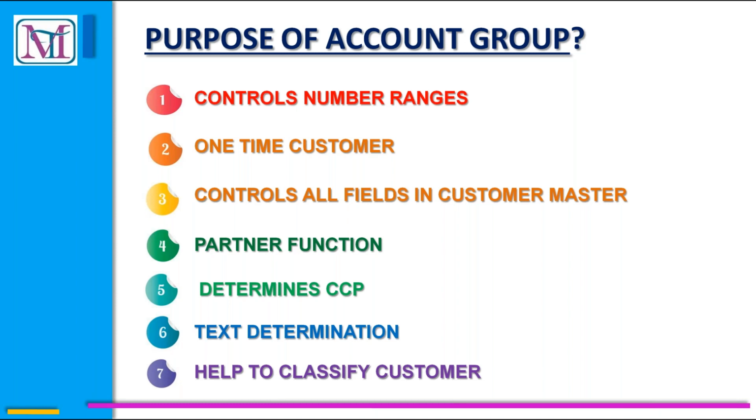If you want to suppress a field, you can suppress it in the account group. The account group also helps to determine partner determination, because we assign the partner determination procedure in the account group.